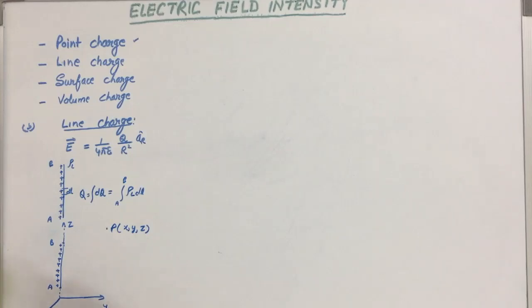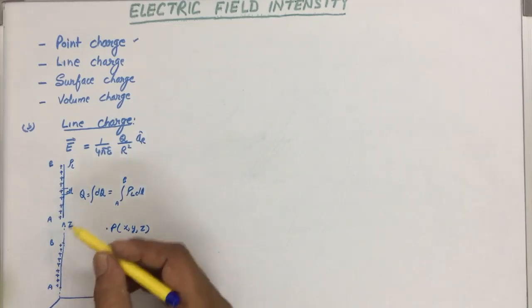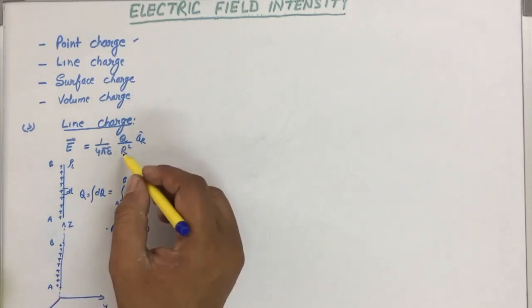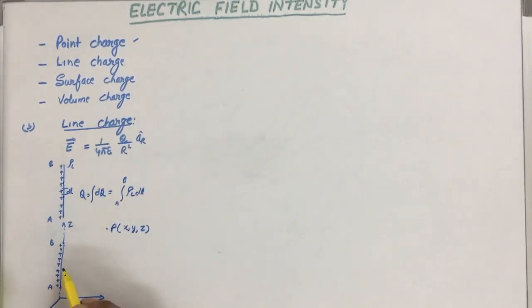The first thing is that q should be known and the distance between the point of interest and the charge should be known, but here the length is not fixed. Though we can find the full q, the distance between this and this is varying. So let us derive in this case.